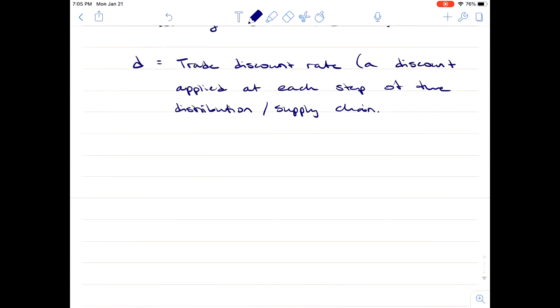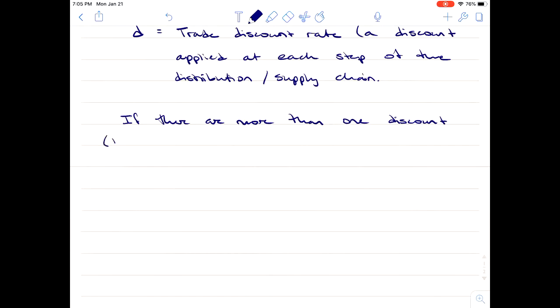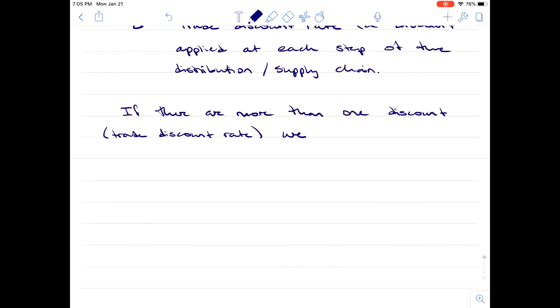So if there are more than one trade discount rate, we denote them by D1, D2, D3, etc. You can have as many as you want.